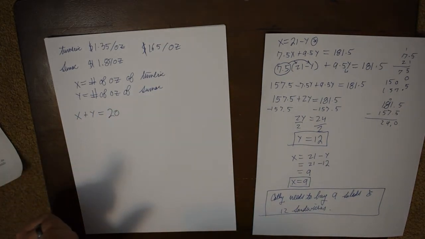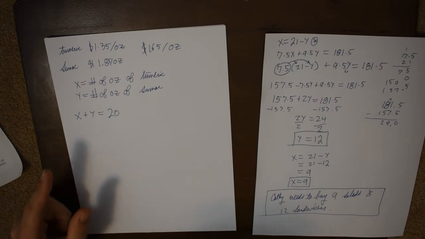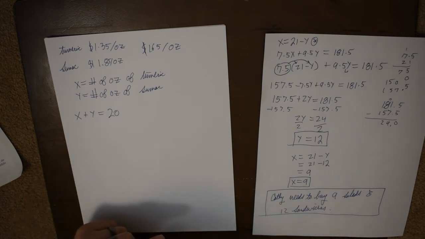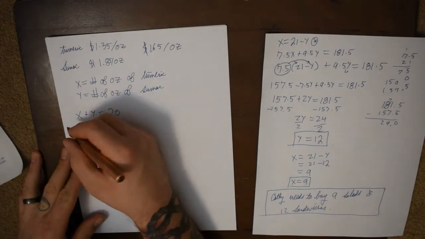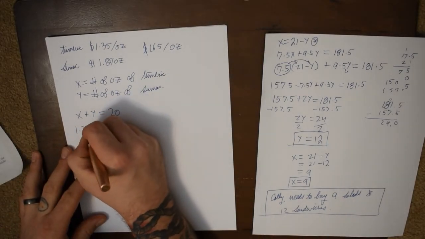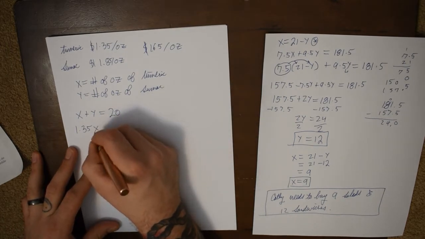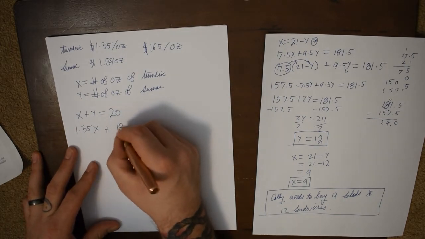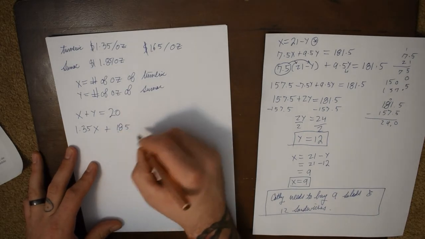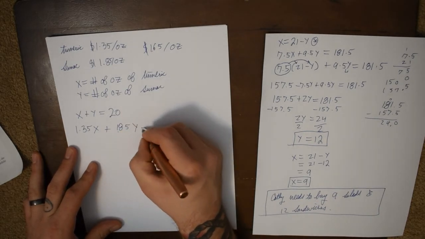Now, the next equation is going to be a little bit different than what we did on the example before. We still want $1.35 times the number of ounces of turmeric plus $1.85 times the ounces of sumac.